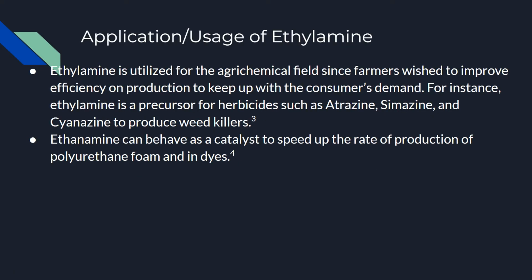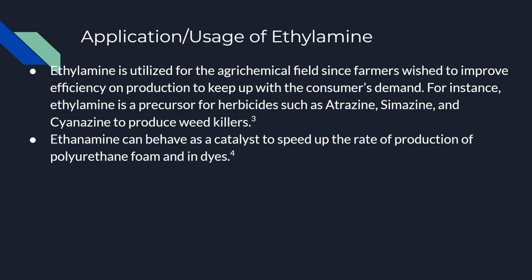Now, the application or usage of ethylamine includes the following. This substance is popular in the agrochemical field, also known as the agricultural field, mostly due to economics and how farmers wish to improve efficiency and production to keep up with the demand of consumers.